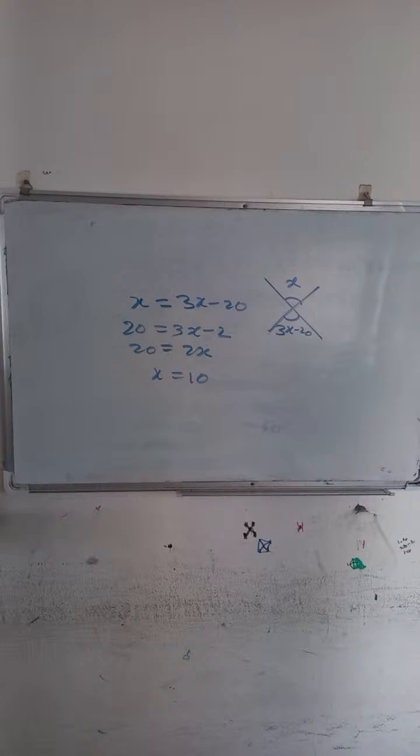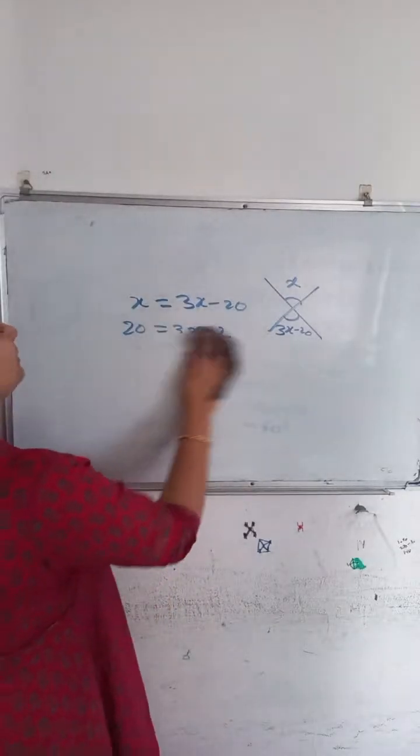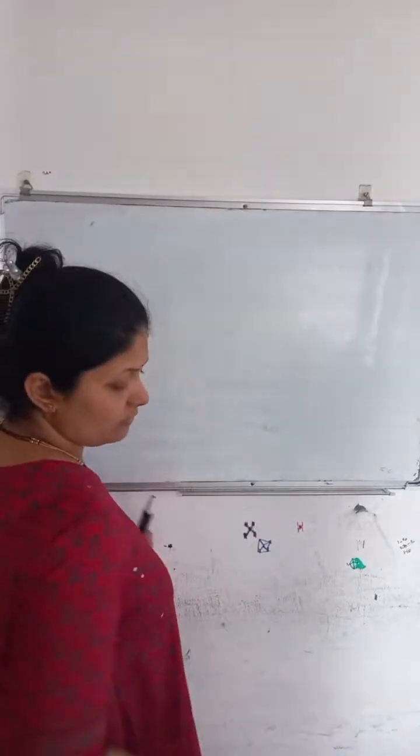In linear pair, one angle is equal to twice the other. Find the smaller angle. Options are given. I will not read out the options, so we will directly solve.